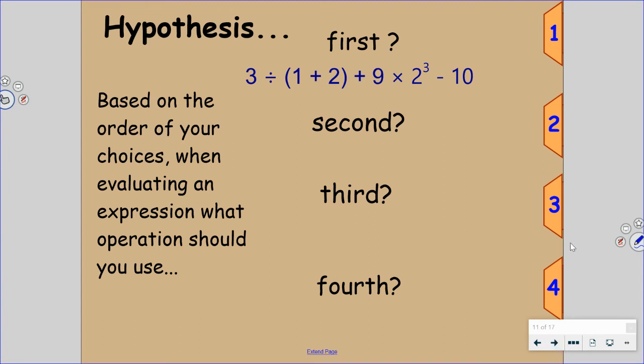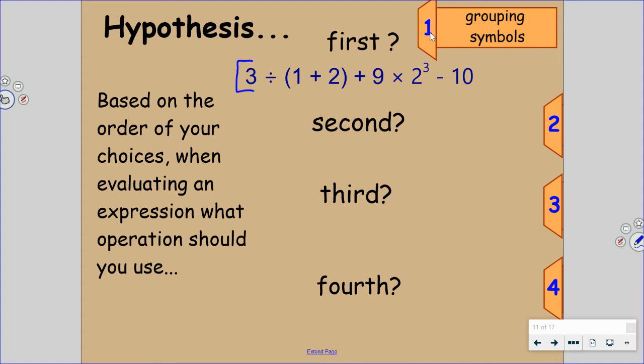There really are only 4 steps in the order of operations. The first thing you always do is look for any grouping symbols. Now, yes, I understand you're used to seeing parentheses, but sooner or later, you will furthermore see brackets. You might even see braces. So there are multiple different formats for grouping symbols.